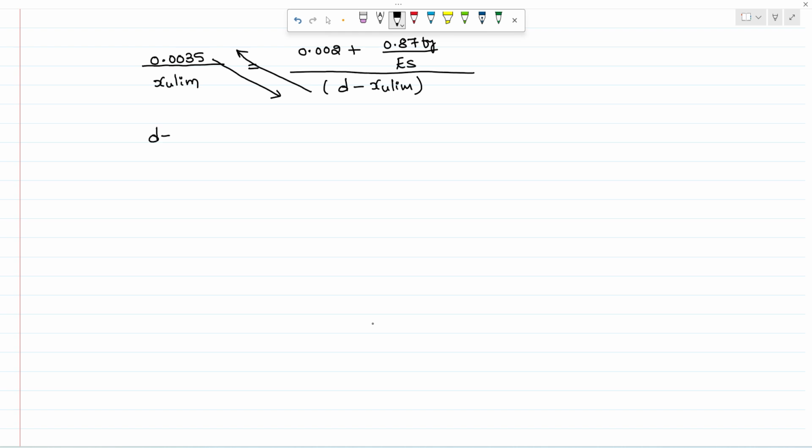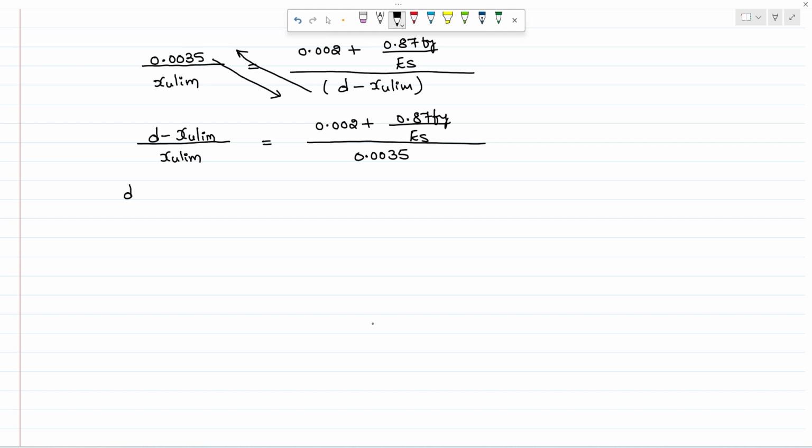So D minus XU limit divided by XU limit equals 0.002 plus 0.87 Fy divided by ES, all divided by 0.0035.